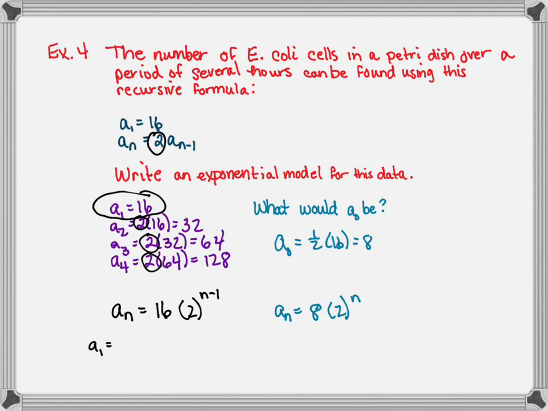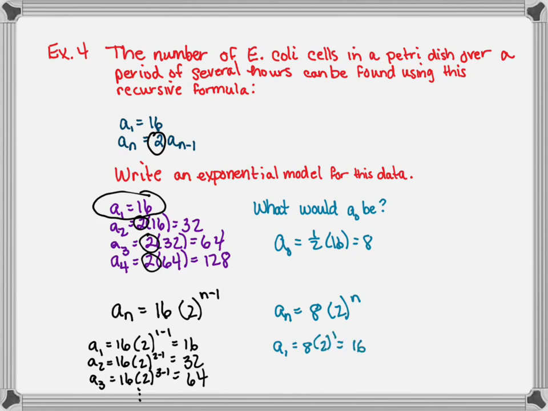So here, if we look at A sub n equals 16 times 2 to the n minus 1 value, A sub 1 equals 16 times 2 to the 1 minus 1 power, which is 16. A sub 2 is 16 times 2 to the 2 minus 1 power, which is 32. A sub 3 is 16 times 2 to the 3 minus 1 power, which is 64, and so on. And if we look at the second expression, A sub 1 will be 8 times 2 to the 1 power, which is 16.